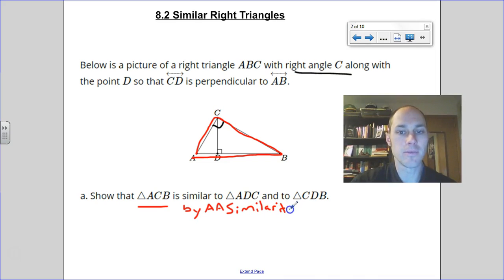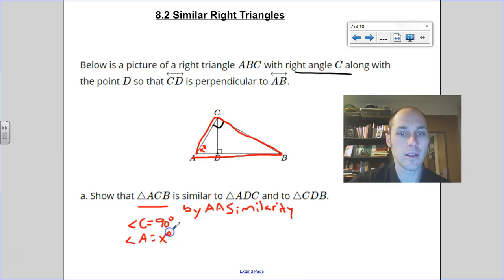And here's how. So angle C in triangle ABC equals 90 degrees. We can see that by the diagram. We don't know any other angle measures, so let's call angle A X degrees. So angle A is X degrees.